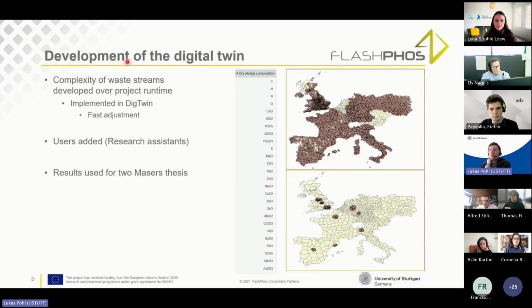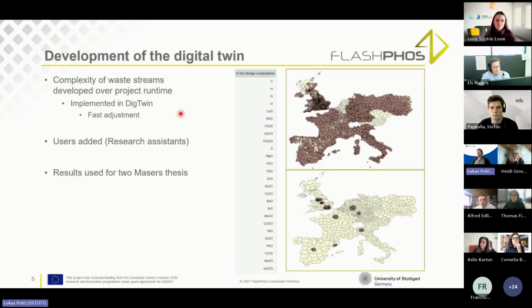So a development path of the digital twin, let's say, together with the time in the FlashPhos project. This is the dry sludge composition as it is now. So we added a lot more chemical elements or combinations. So the complexity developed over project runtime.